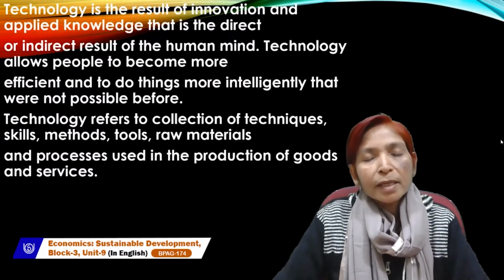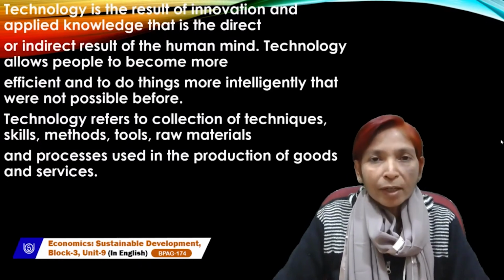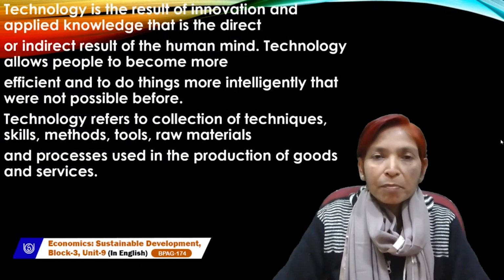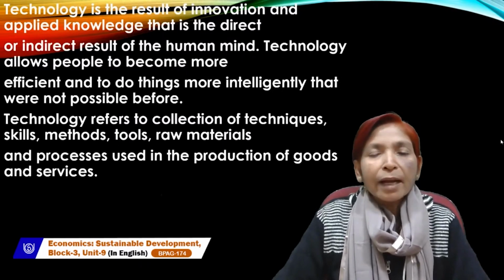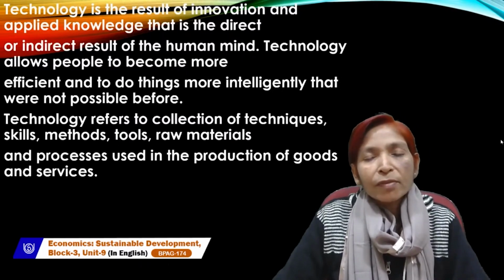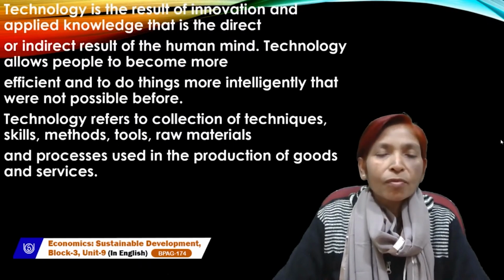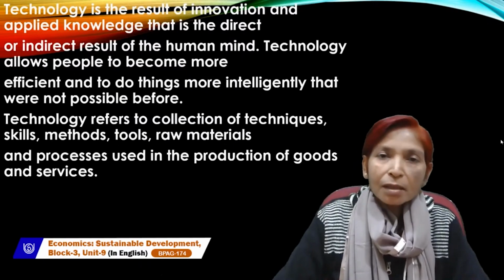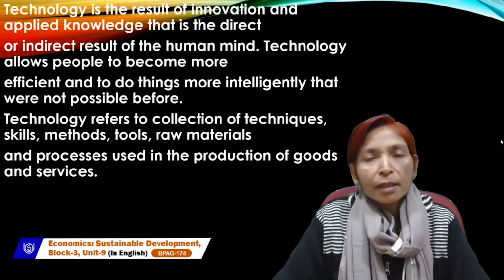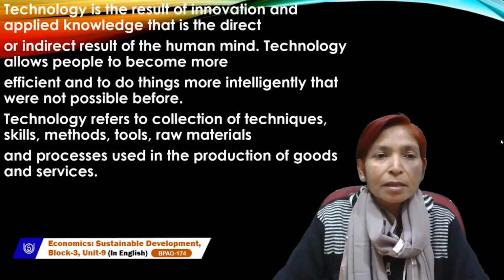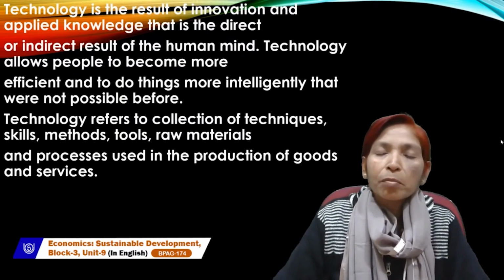Human beings can make technology which adversely impacts the environment, and they can make technology which saves the environment and is eco-friendly. So technology is the result of innovation, research, and applied knowledge, the direct or indirect result of the human mind.